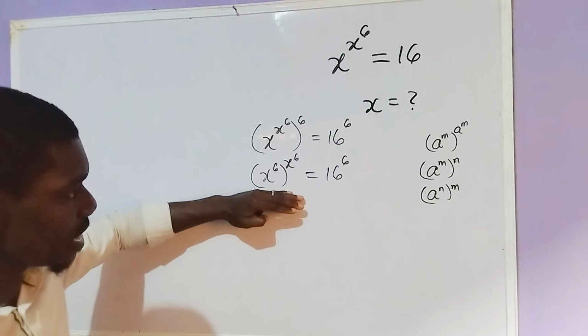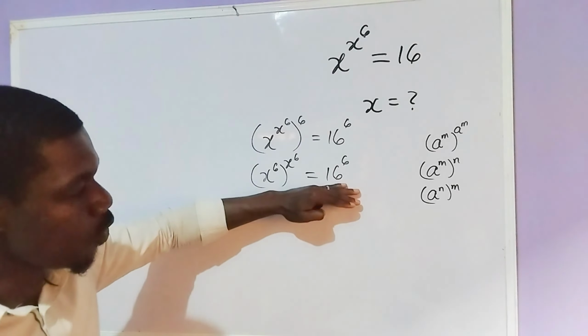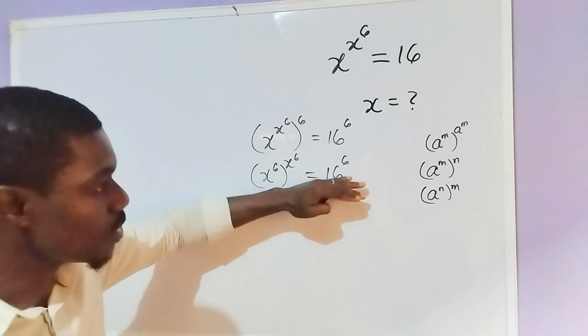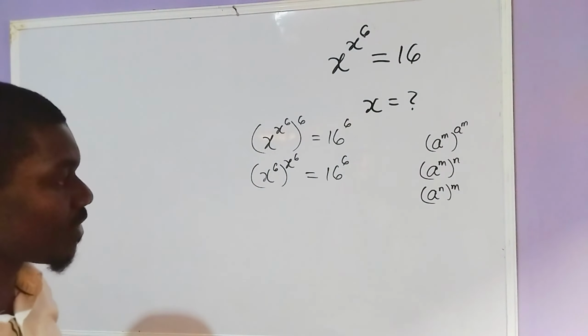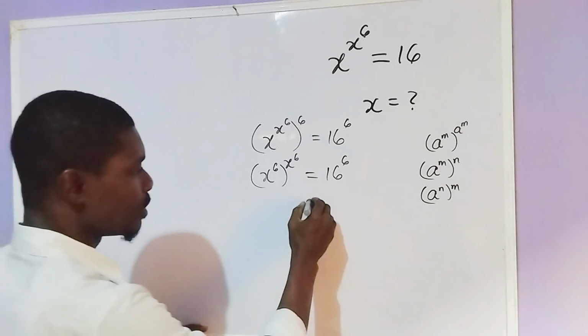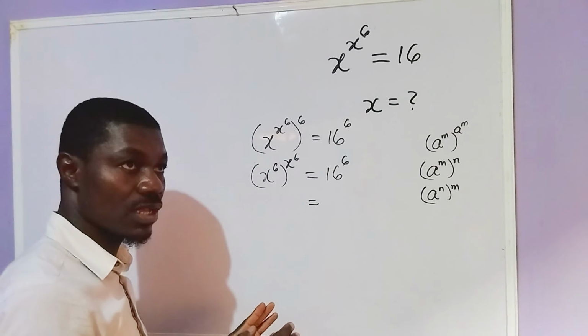Now that we've settled the left hand side, let us see how we can also simplify 16 raised to the power of 6 to have the same pattern as the left hand side. Let me reduce 16 to a base of 2.